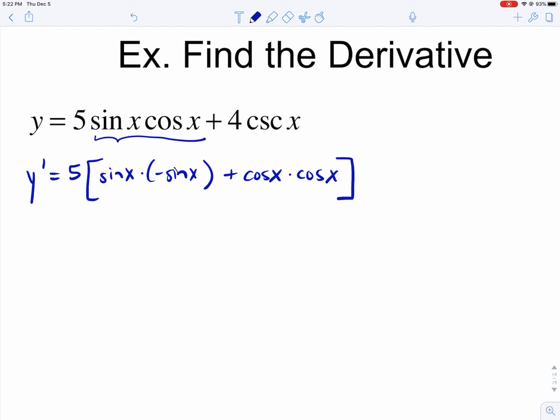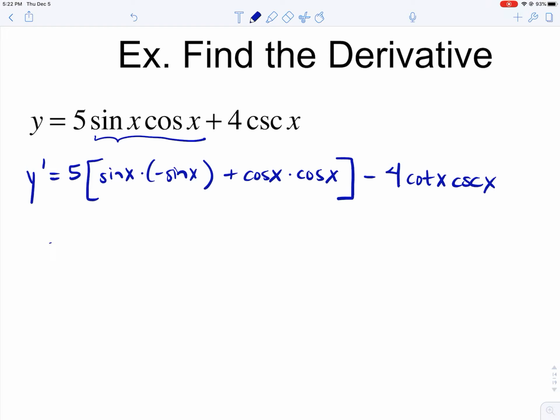which is cosine, and then plus 4 times the derivative of cosecant, and the derivative of cosecant, remember, is negative cotangent times cosecant. So I'm going to change this to be minus 4 times cotangent times cosecant of x.